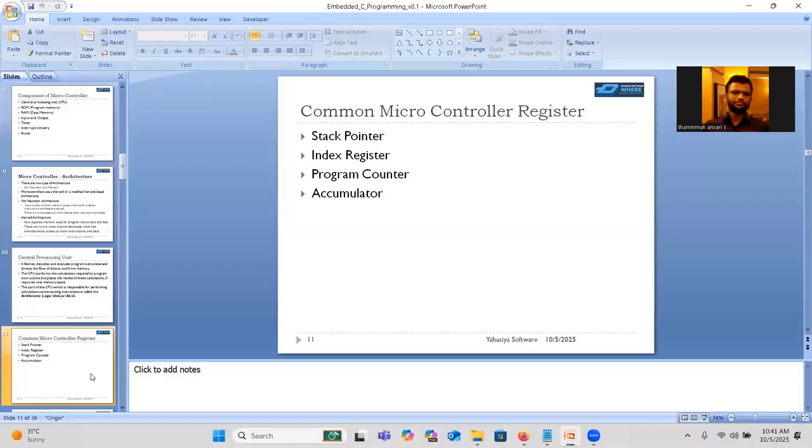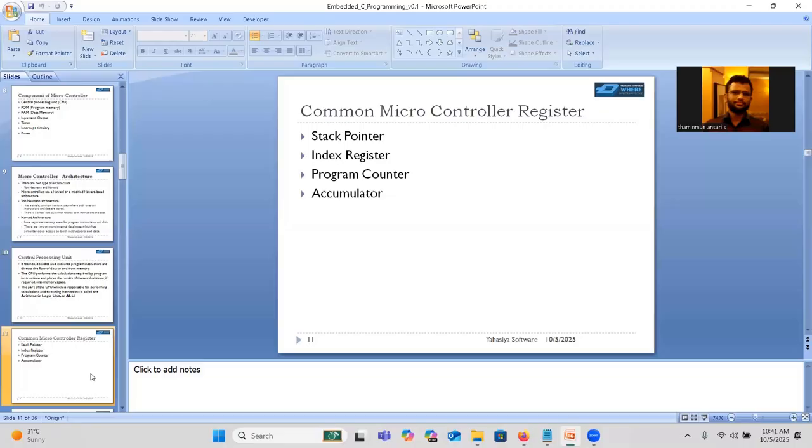To handle these variables, to fetch data from the stack or push data to the stack, we have a separate pointer called the stack pointer. We need not declare it, we just use it. That is already there. Another one is the index register. Your data memory is divided into different blocks.